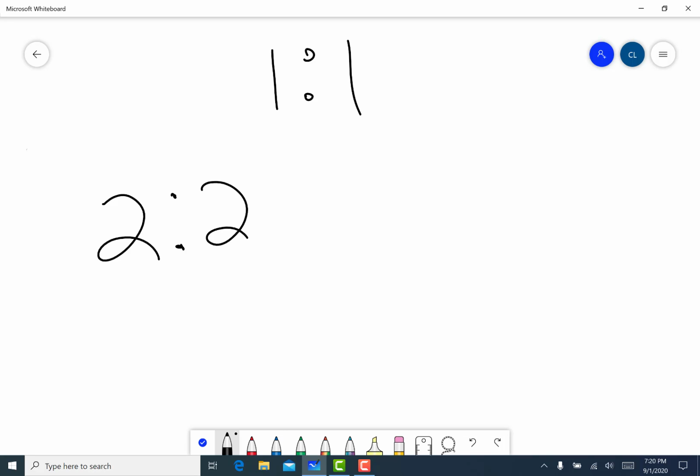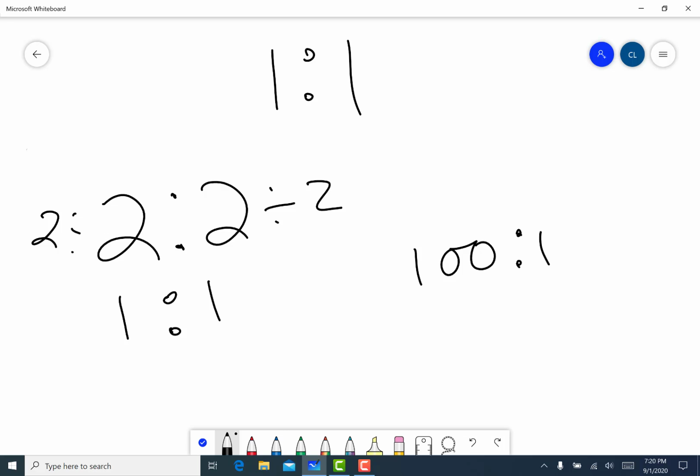Both of those simplify to 1 to 1 because you can divide each side by 2. Simplifying them is just like simplifying a fraction. 100 to 100 also simplifies, dividing each side by 100, to 1 to 1. 50 to 50, all of those. Same numbers is 1 to 1.